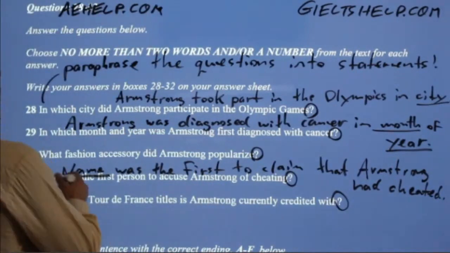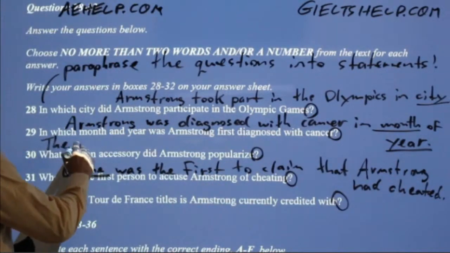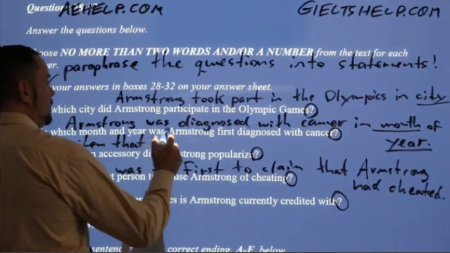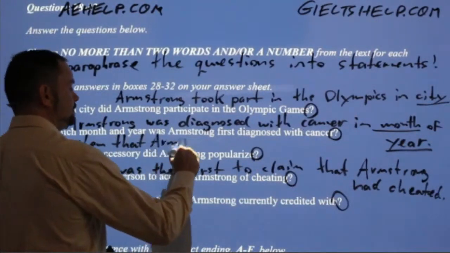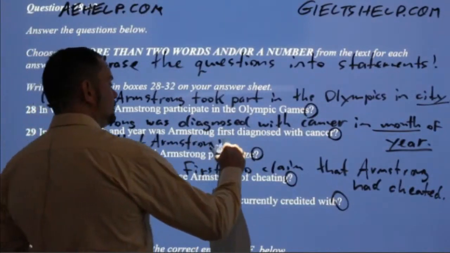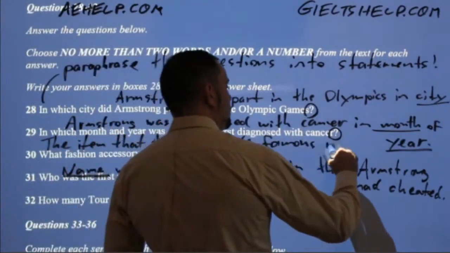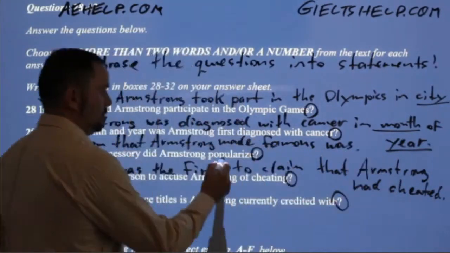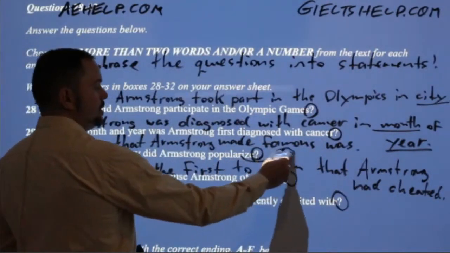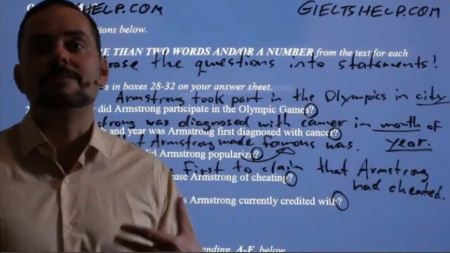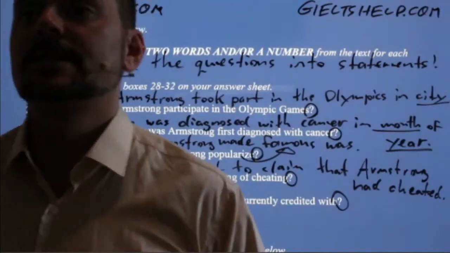Okay. So the item that Armstrong made famous was. Very good. So instead of popularize, the word famous. Yeah, when you popularize an item, you make it famous. Exactly.